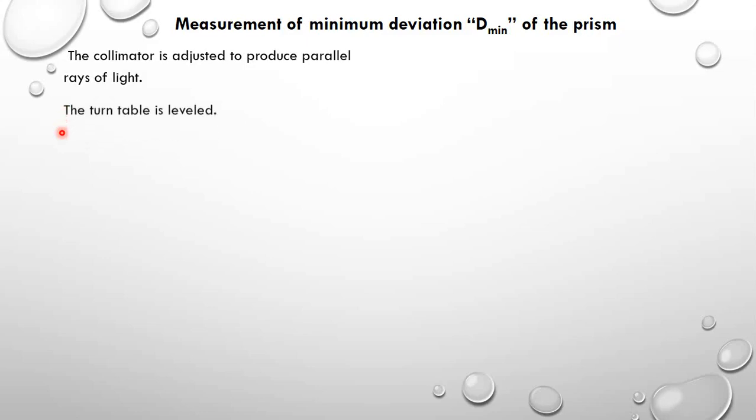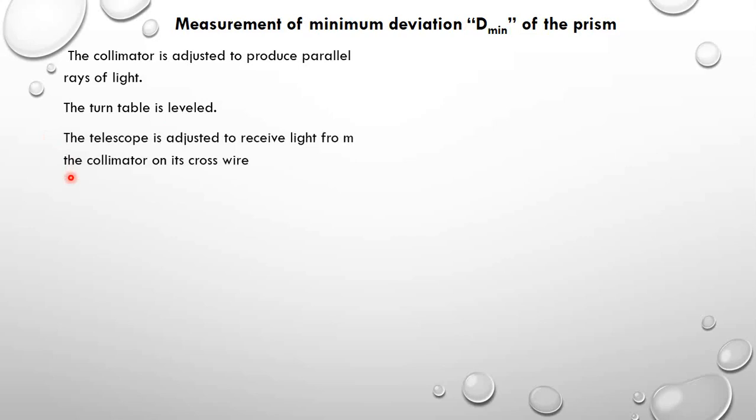Let's look at the measurement of minimum deviation D of the prism. We are going to start by using a spectrometer. When you're using a spectrometer, we are going to make 3 adjustments. First of all, the collimator is adjusted to produce parallel rays of light, and then the turntable is leveled and the telescope is adjusted to receive light from the collimator on its cross wires.